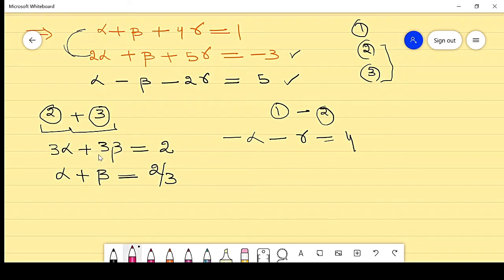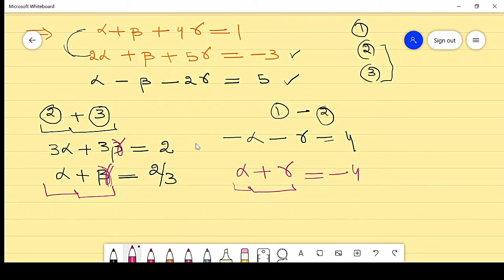So just correct this: this is a 3 alpha plus 3 gamma. So alpha plus gamma is equal to minus 4. Here alpha plus gamma is equal to 2 by 3, and here alpha plus gamma is equal to minus 4.